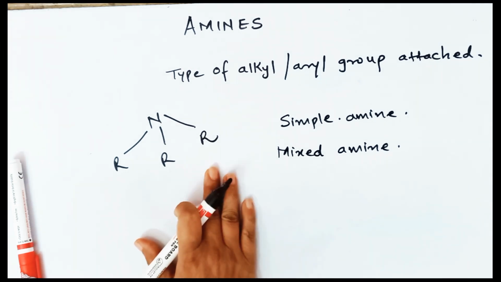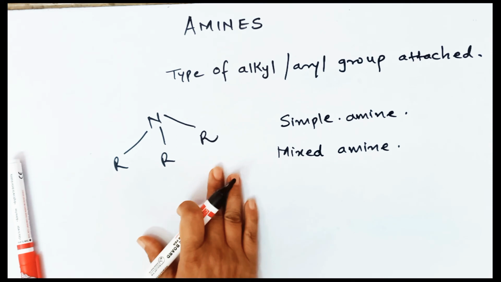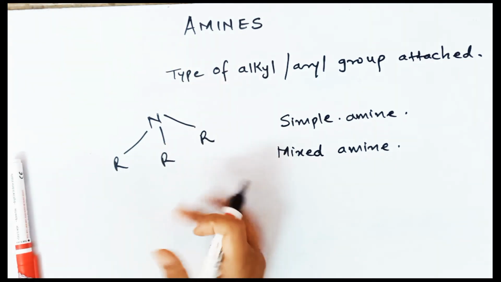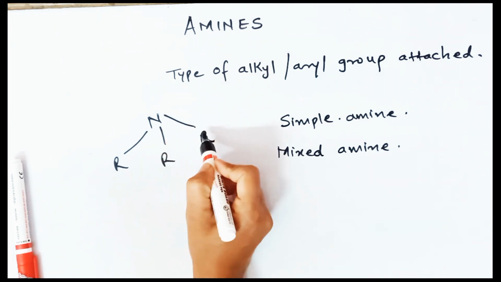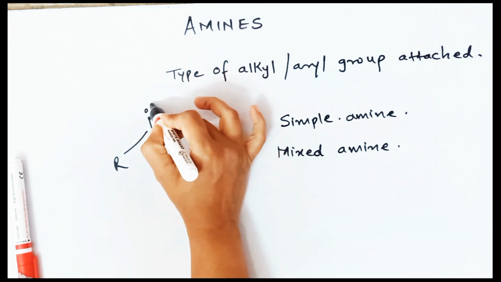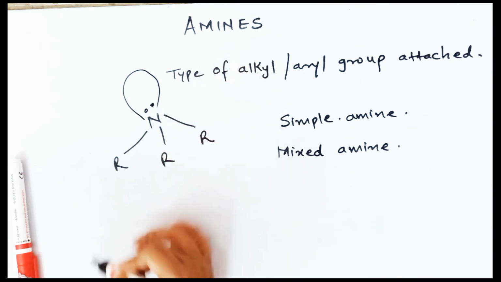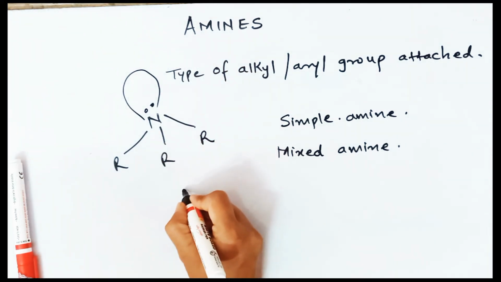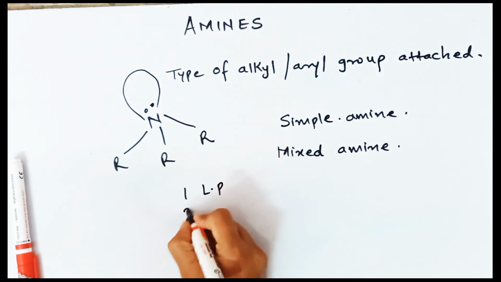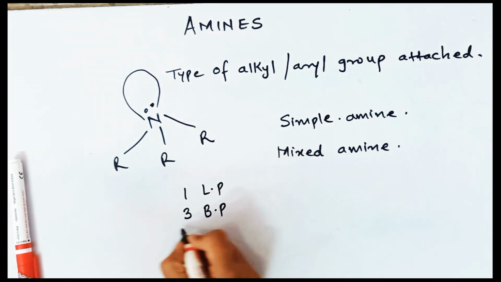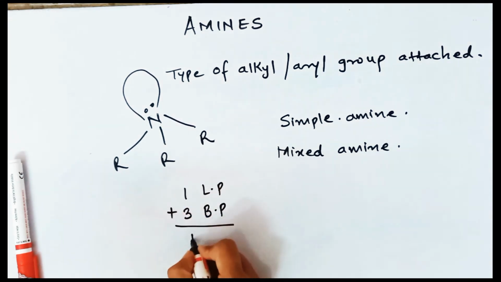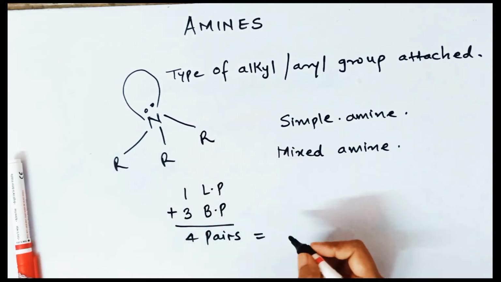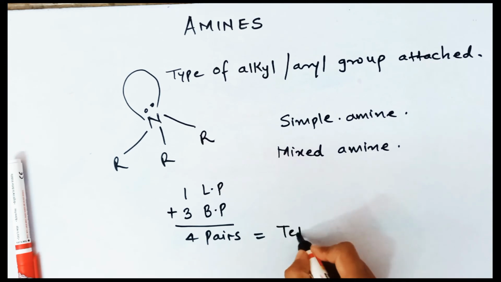Let's talk about their geometry. Now if you look at this structure of amines, it has got 3 bond pairs, and also children, we know that there is a lone pair over here. So naturally we have total 1 lone pair and 3 bond pairs, which makes up 4 pairs of electrons. 4 means we are going to have a tetrahedral geometry.